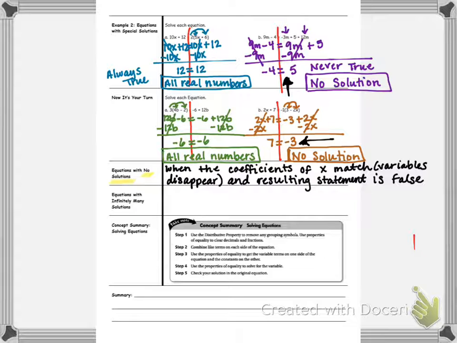So then what about when you have infinitely many solutions? Well, it's kind of the same.